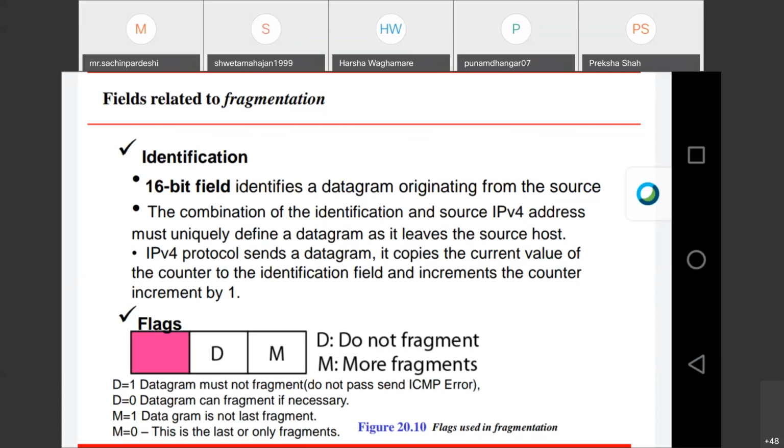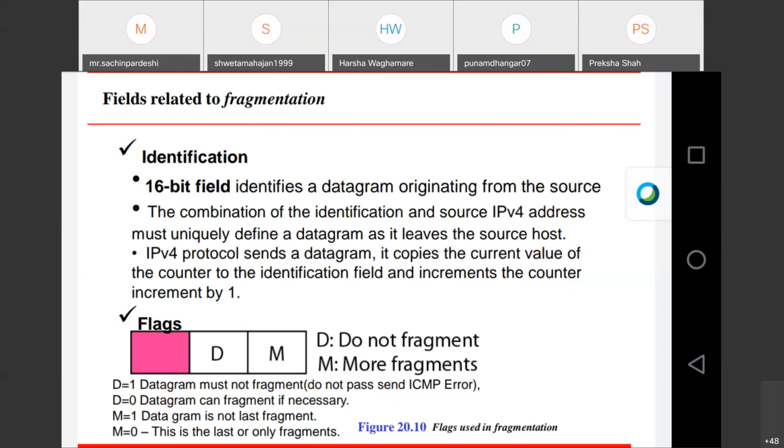If D is equal to 1, it means the datagram must not be fragmented. Many times we cannot fragment every datagram into different parts. There are many types of datagrams which cannot be fragmented, and in that case the source keeps this value as 1.